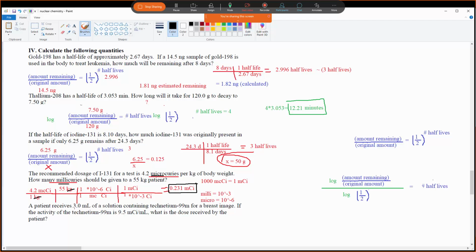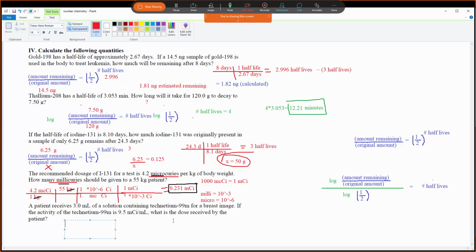All right, and the last one here, we've got a patient who receives technetium 99m for a breast image, 3 milliliter solution, and the activity of the solution is 9.5 millicuries per milliliter. Now this is a solution concentration unit where we're talking about the concentration of radiation that you get. So we have 9.5 millicuries in 1 milliliter.